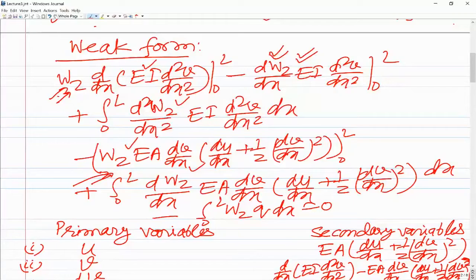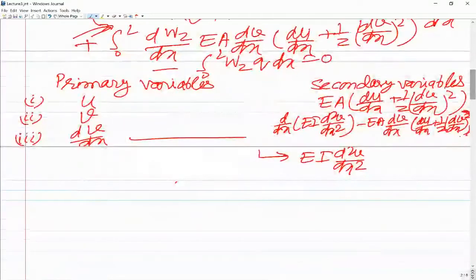You can also take minus EI into d2v by dx square as the secondary variable. I have not taken it because this is the axial force, this is the negative of the shear force, and this is the bending moment. If you take it as minus, it would be the negative of the bending moment. Both ways are correct.